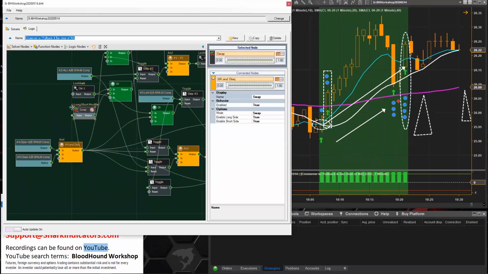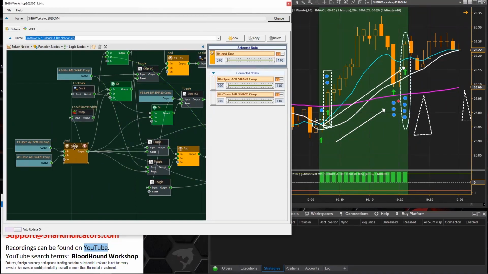So what I did is I put it into a long short modifier using the swap mode. The swap mode took any short signals, the disqualification signals, and converted them to long signals.